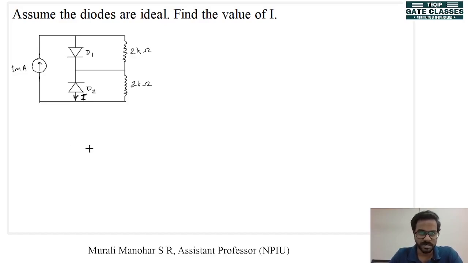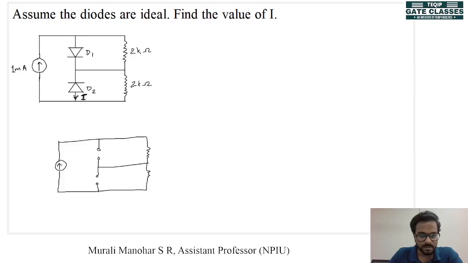Let's redraw the circuit, and before going into the solution, pause here and try to solve it by yourself. Okay, let's see. These are two resistances. I'm going to assume that these two diodes are open circuit. This is diode D1 and this is diode D2.